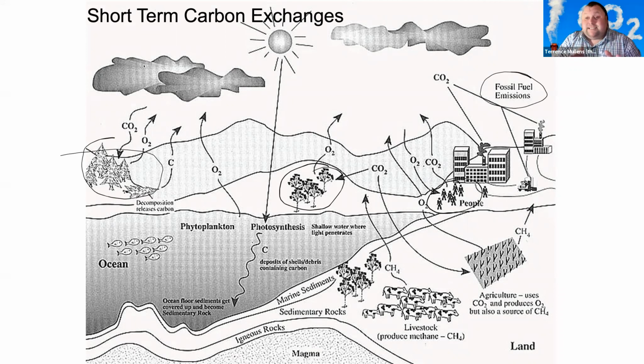Now, most of these legs are actually a part of a full, complete circle, such as over here, photosynthesis removes carbon dioxide from the atmosphere. Eventually, that tree dies, releases carbon back into the atmosphere. Wash, rinse, and repeat.